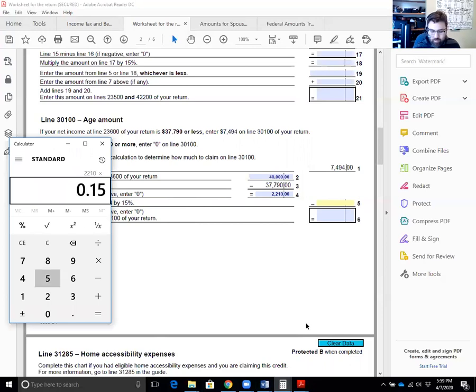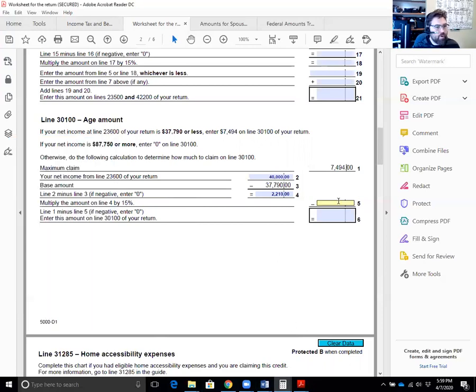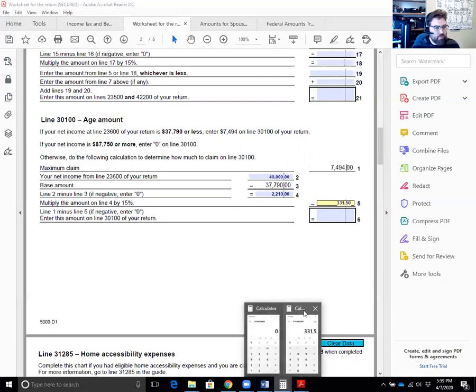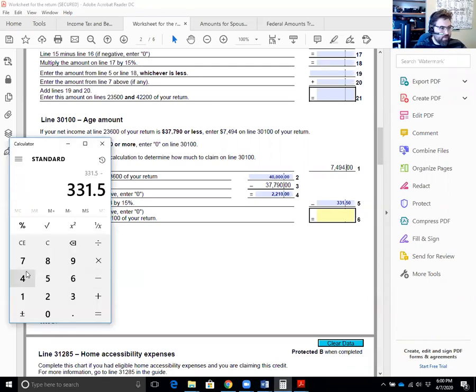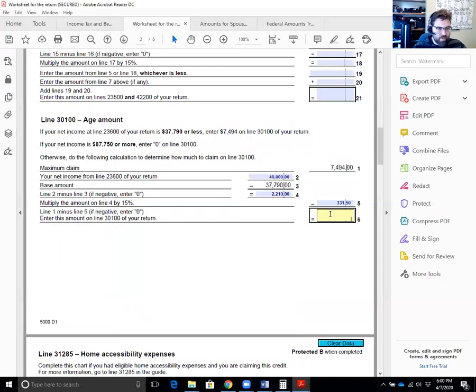Okay, multiply the amount on line 4 by 15%. So 2,210 times 0.15 is 331.50. And that is going to be subtracted from our 7,494 to bring our age amount down to 7,494 minus 331.50, which is 7,162.50.